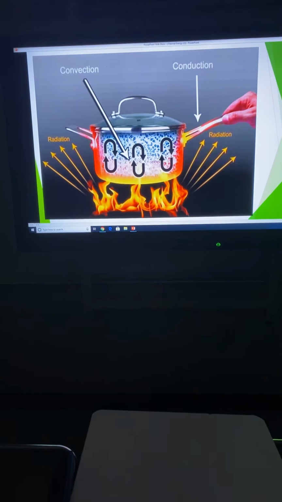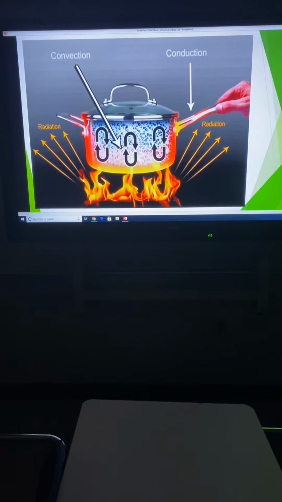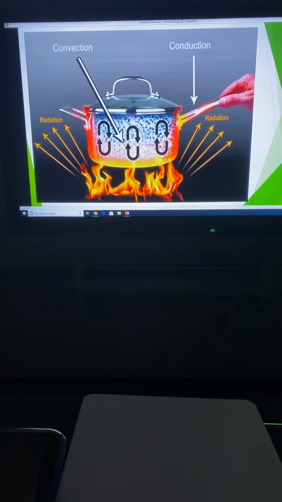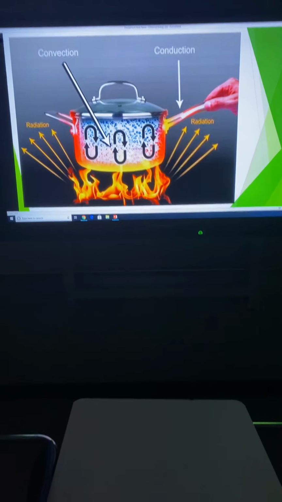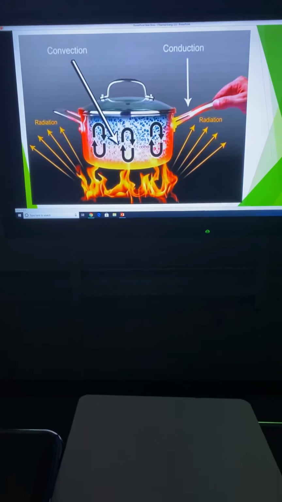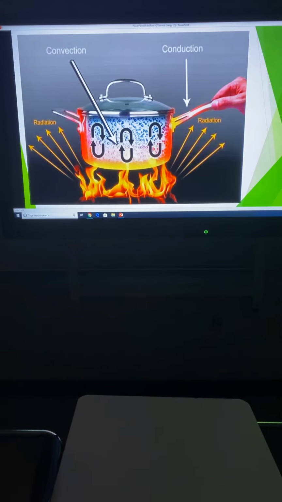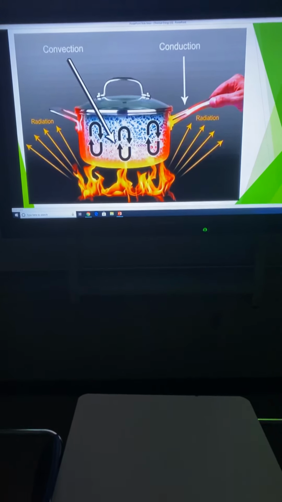As the pot is getting hot, the water inside the pot begins to get hot. It begins to boil. It begins to move around, because initially, when you put water inside the pot, it is either cold water or room temperature water. So it begins to move around, it begins to boil, and it begins to rise and fall.